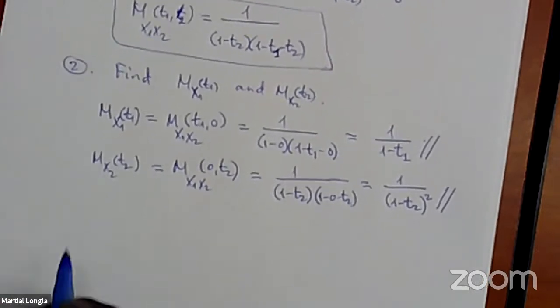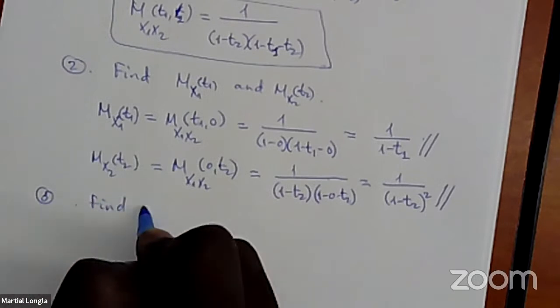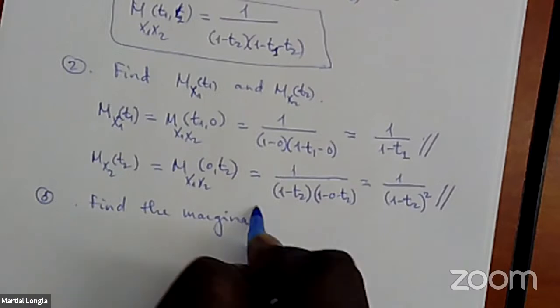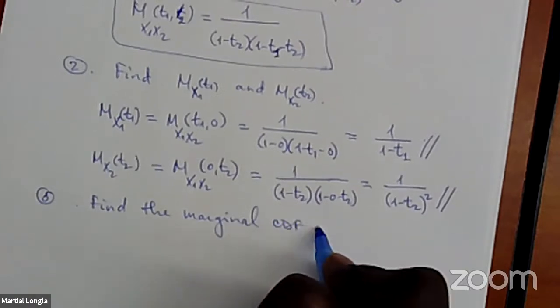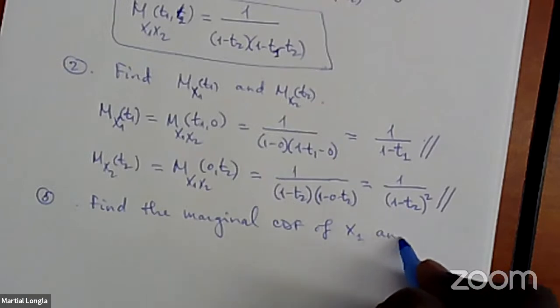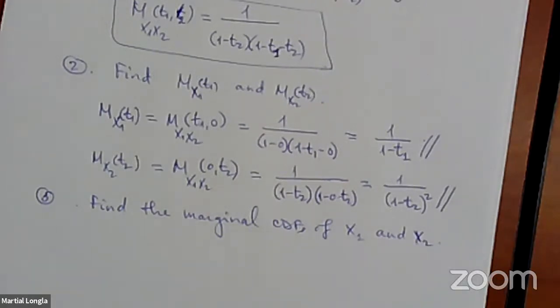The third part of the question was to find the marginal CDF of x1, x2. There are two ways to actually answer this.